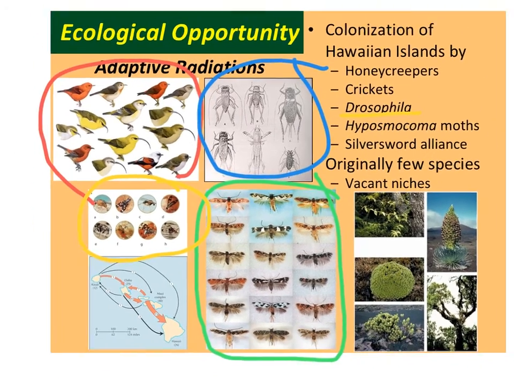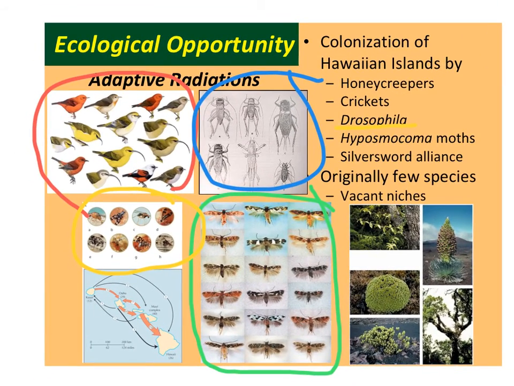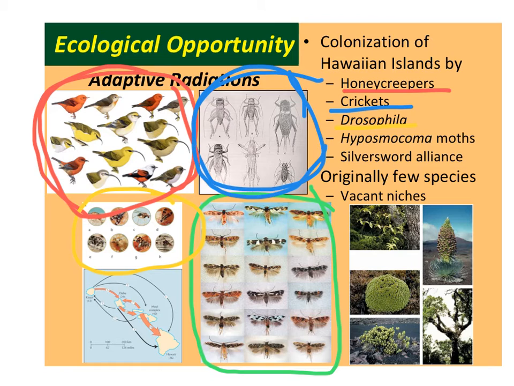The same thing happened with ecological opportunity with other things that made it to the Hawaiian Islands, including Hawaiian honeycreepers, crickets, moths, Drosophila, right? And the Silver Sword Alliance.